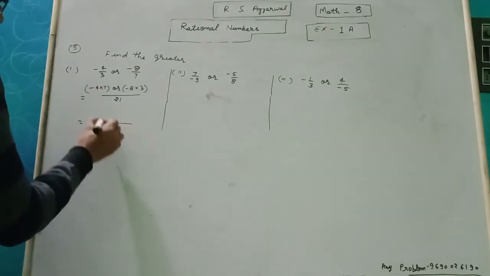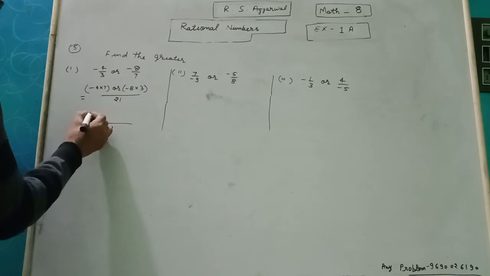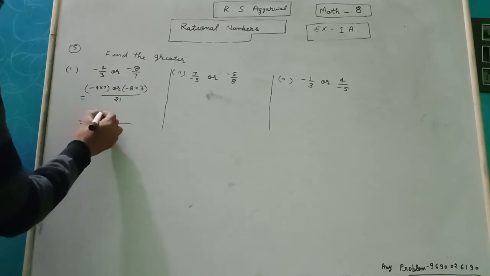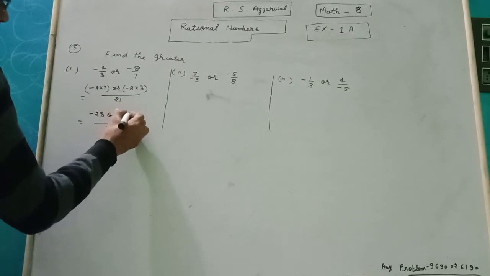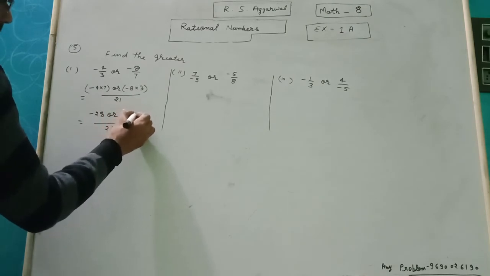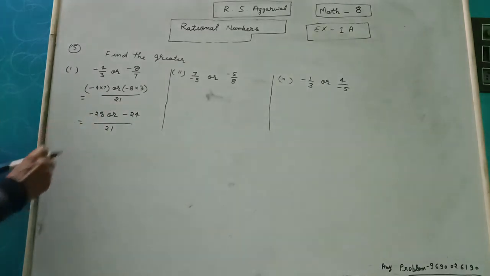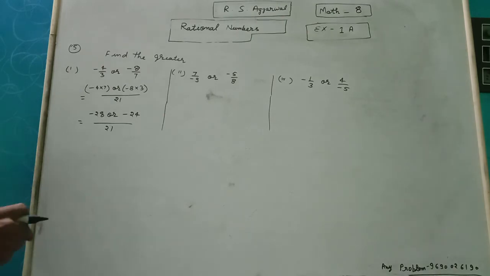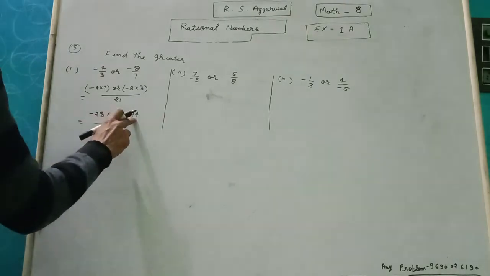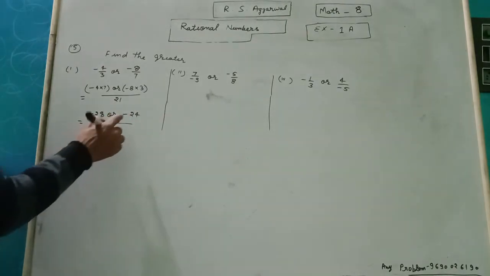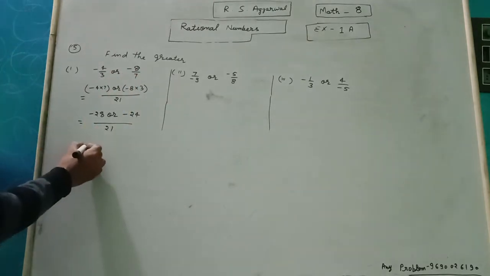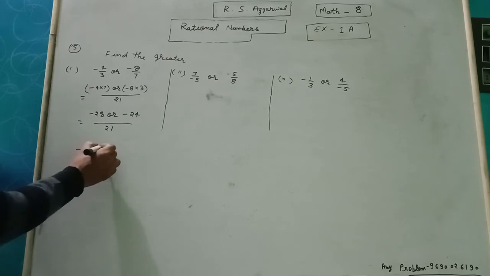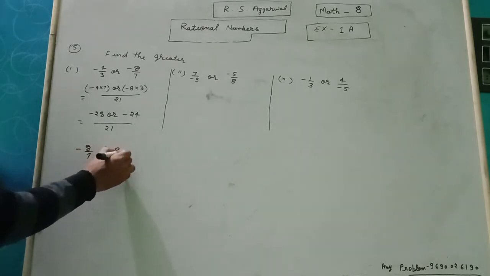LCM is same. 7 4s are 28, 8 3s are 24. Minus 28 and minus 24. Minus 24 is greater, meaning minus 8 upon 7 is greater.